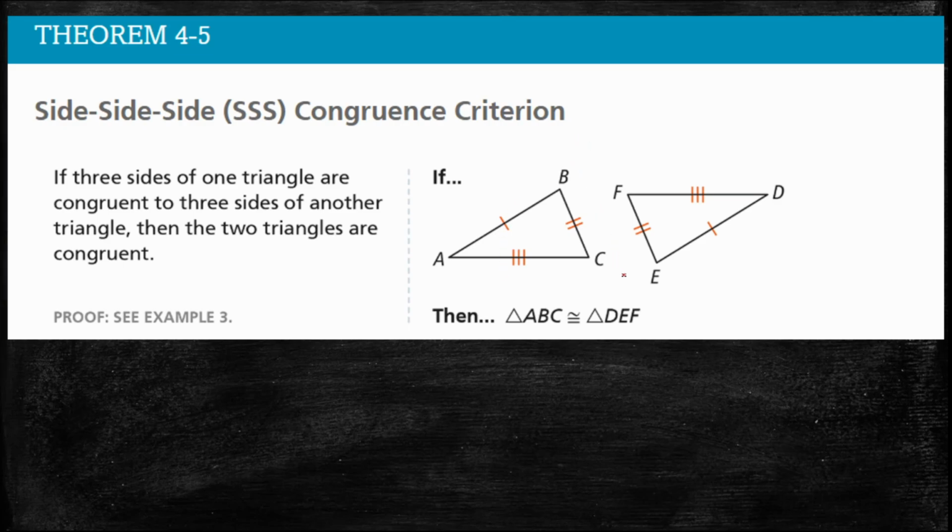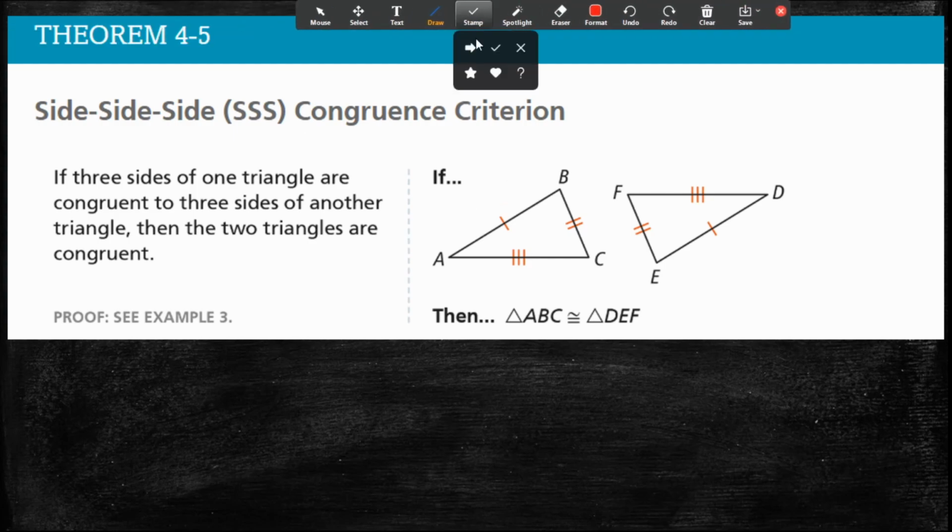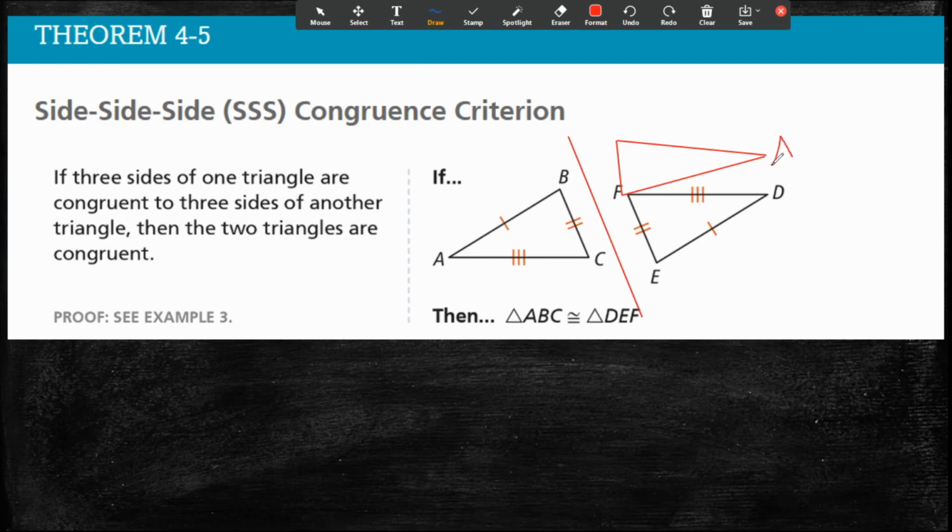If I make this a line of reflection, where'd my pen go? So if I make this here a line of reflection, my A is going to flip over to here. So let's label that. So when I flip over, I know this isn't perfect, but A is here.